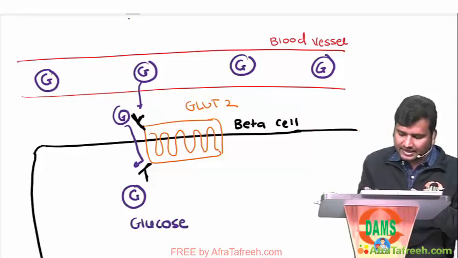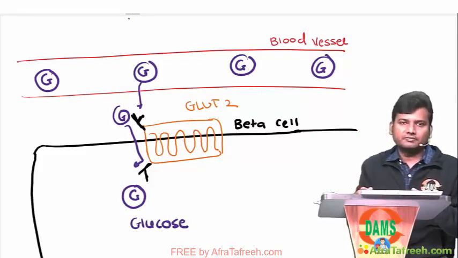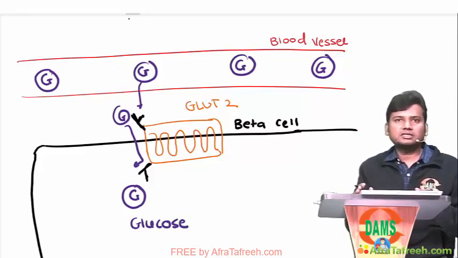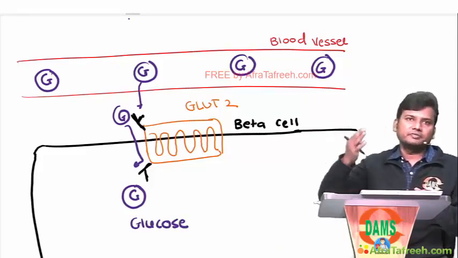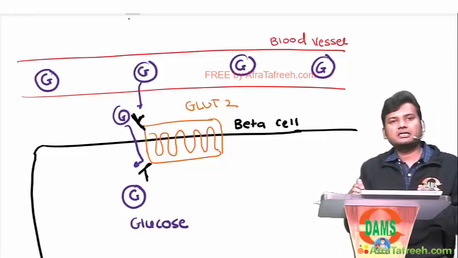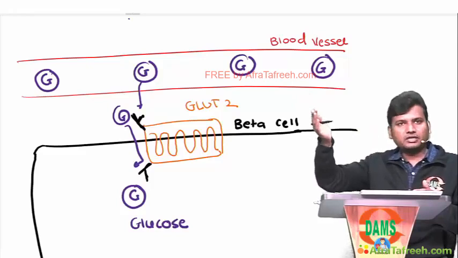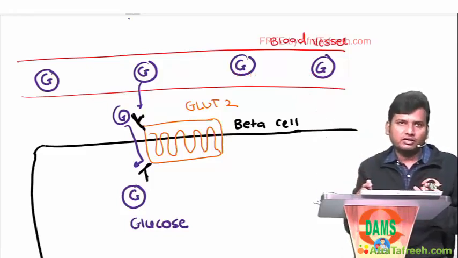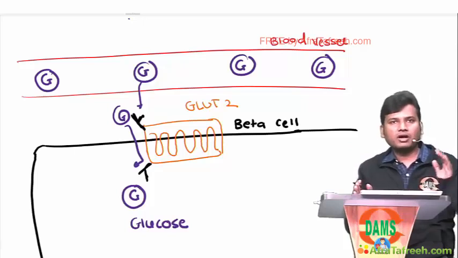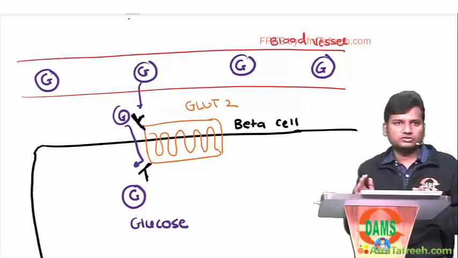But if glucose in beta cell increases, then GLUT2 transporters can transport the glucose from beta cell to blood. So simply we have to remember GLUT2 transporters transport glucose from high concentration to low concentration.